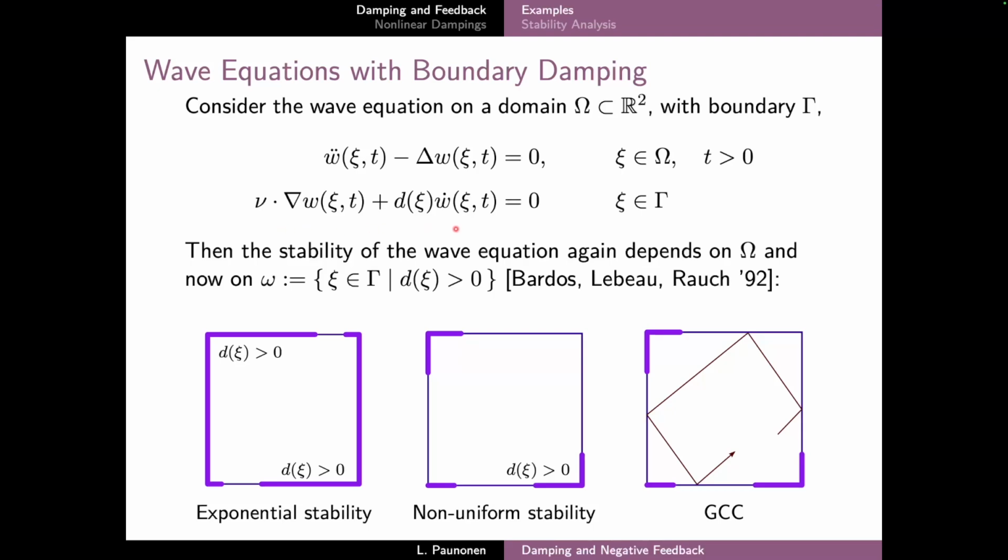So these types of dampings can be technically demanding from many points of view, but in this situation as well, somehow the damping region where the D has non-zero values contributes to the type of stability we get. And again, in many cases, the distinction between exponential stability and weaker forms of stability can be made based on these kinds of geometric control conditions.